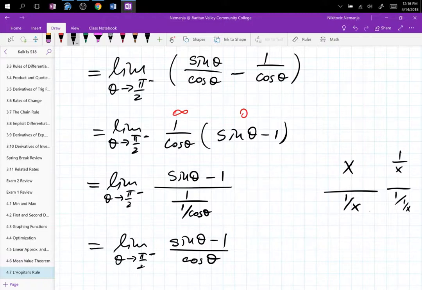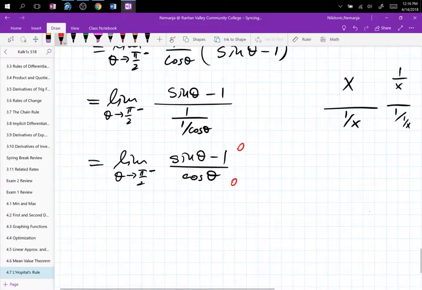Plug in pi over 2, what's happening? We have 1 minus 1, so it's 0 over 0. That's the yay moment, because we have division, and it turned out to be an indeterminate form, which means we get to use L'Hopital's rule.